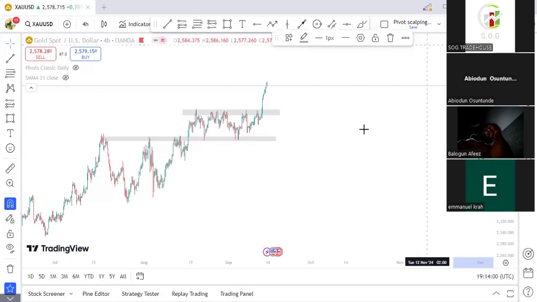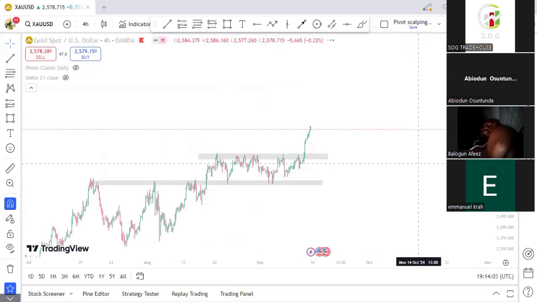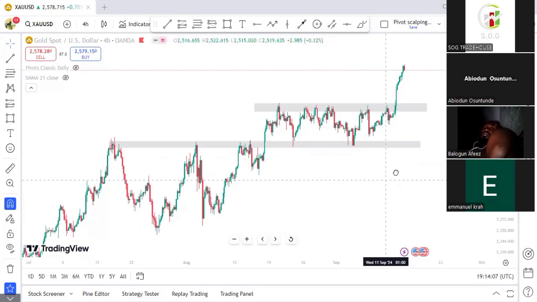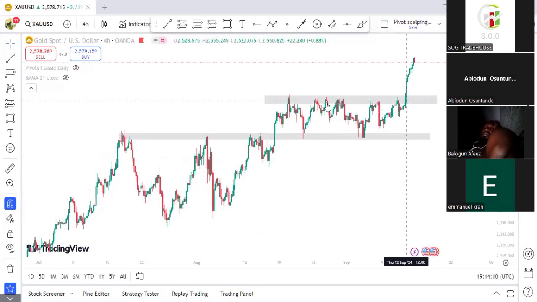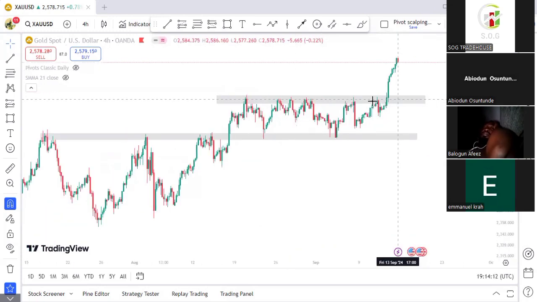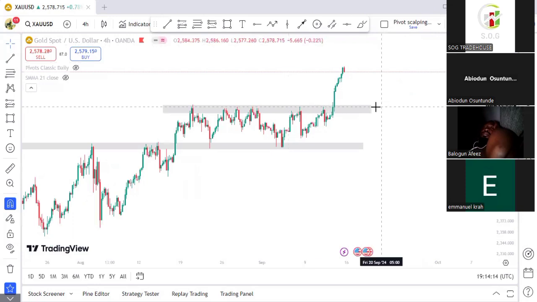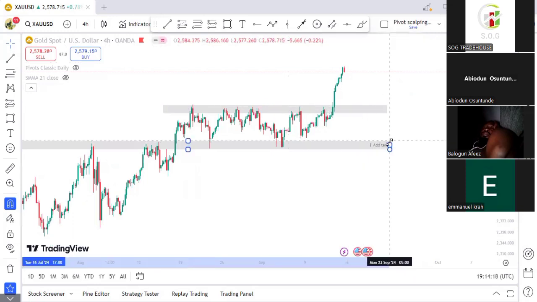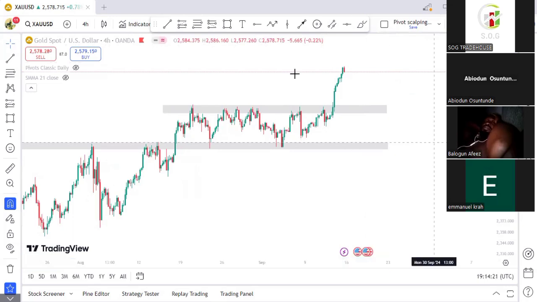I like making things easy for myself. I don't complicate things. So on gold, you can see gold has broken out of this level of resistance, this strong level of resistance over here. So what are we anticipating? Just a simple break and retest strategy on this.